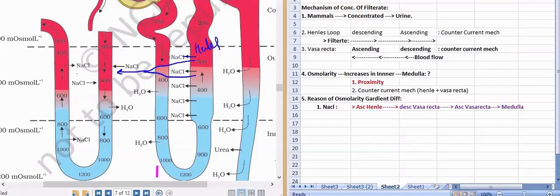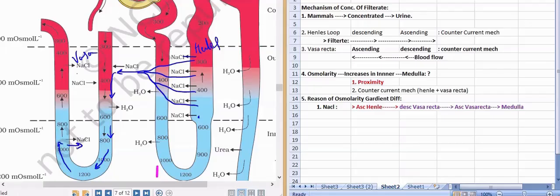It's moving in this direction, the descending limb of the vasa recta, going down, and here it is releasing, not much.